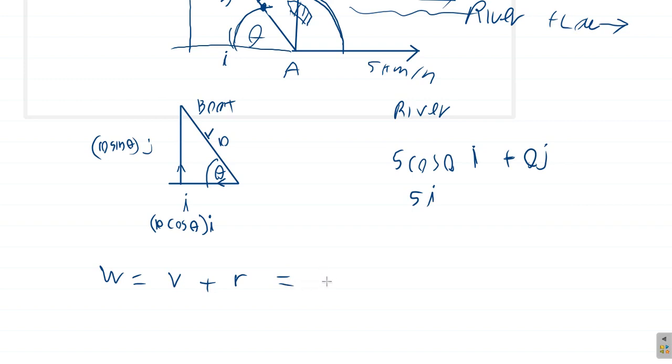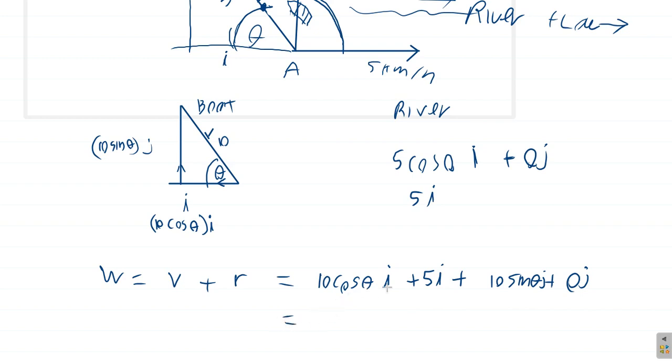The horizontal movement of the boat is 10 cos theta i, plus the horizontal movement of the river 5i, plus the vertical movement of the boat, which is 10 sine theta j, plus the vertical movement of the river, which is 0.